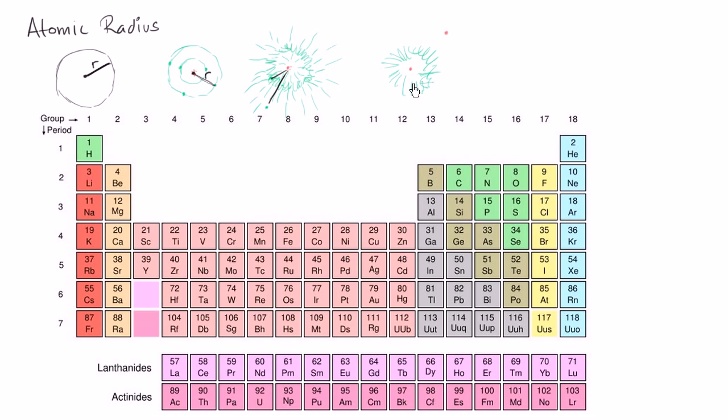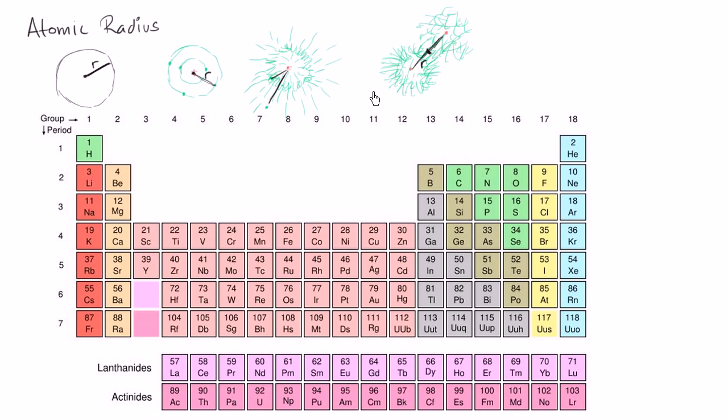So let's say that's one of them, and this is the other one right over here. If you could figure out that minimum distance, without some type of strong influence happening here, then you could take half of that. That's one notion, and that's actually called the van der Waals radius.